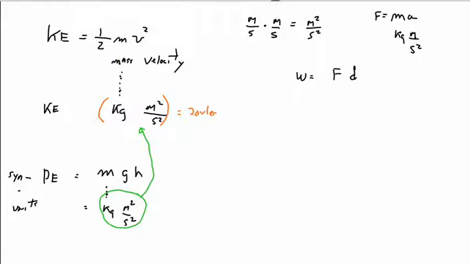The units for force are kilograms meters per second squared, and distance, if you look at your chart of units and symbols, is measured in meters. Oh, wait a minute. Now we have meters per second squared times meters, and meters times meters gives us a meter squared, which means I can get rid of this meter because I just squared it. And once more, you can see that all these are related.